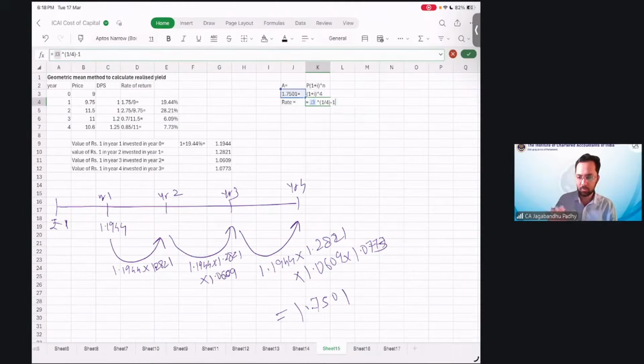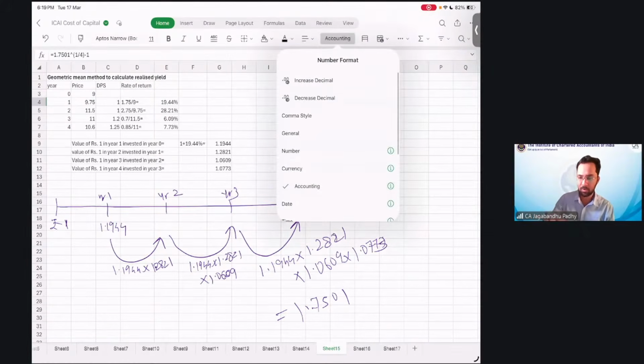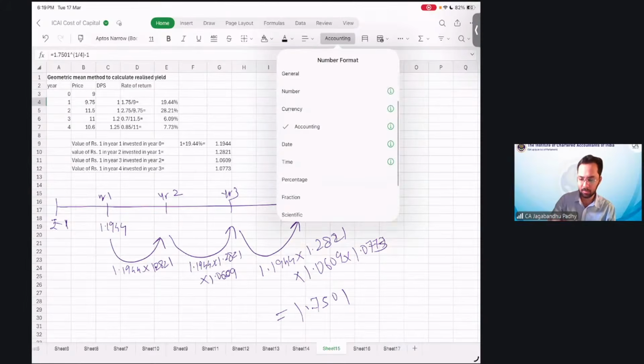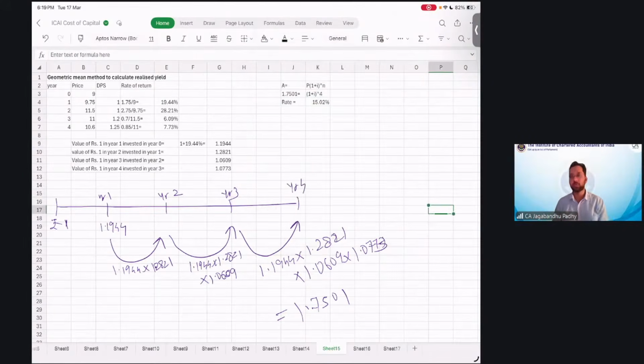So that's 15.018% or 15.02%. Right? That's your rate of return. That's the geometric return that we are talking about. Clear? Are we good?